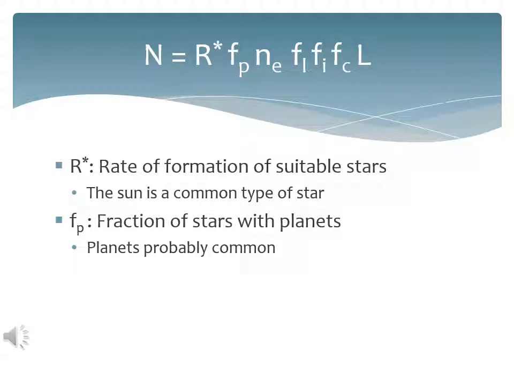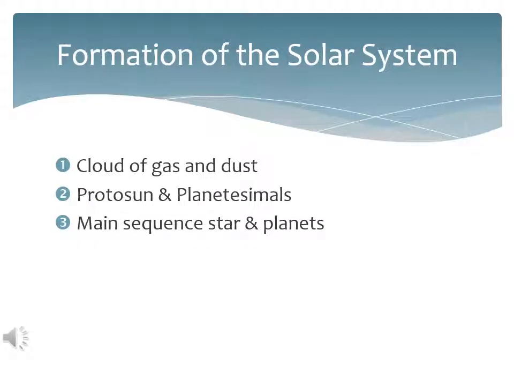So what evidence do we have that there's billions of planets out there, planets orbiting other stars?